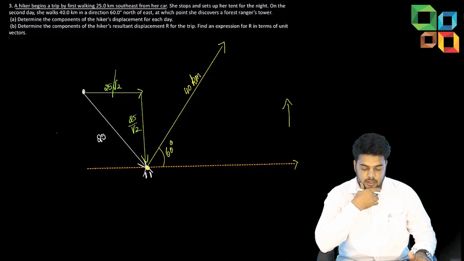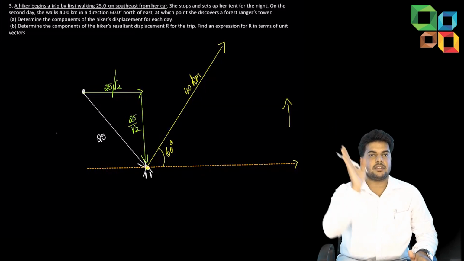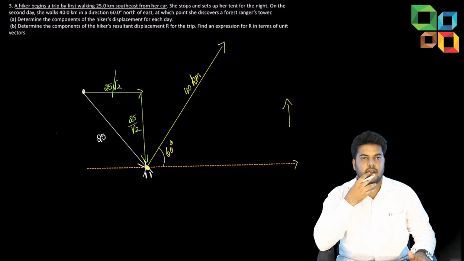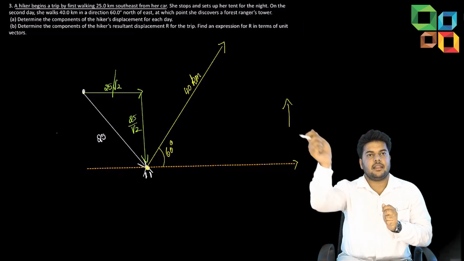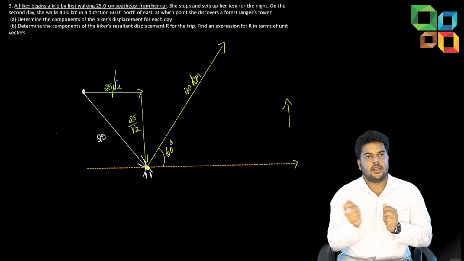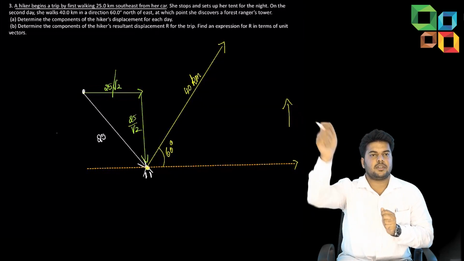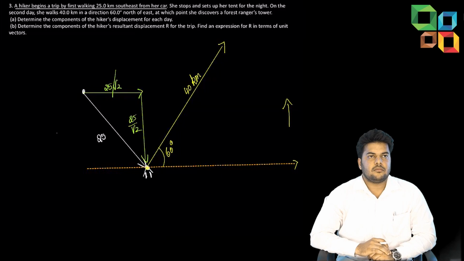So you can see that the hiker is going towards the north a little bit, isn't it? She's walking towards the north, right? So there is a north component and then there is an east component. See, she's going at an angle like that, so she's walking towards the east as well as towards the north.